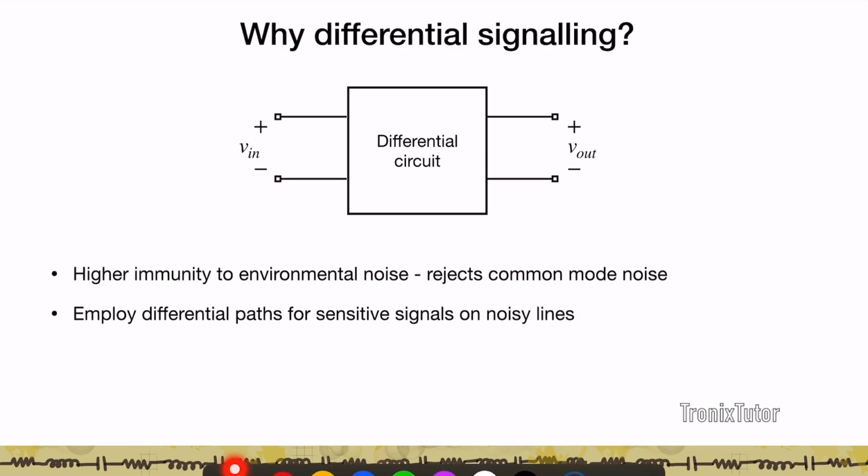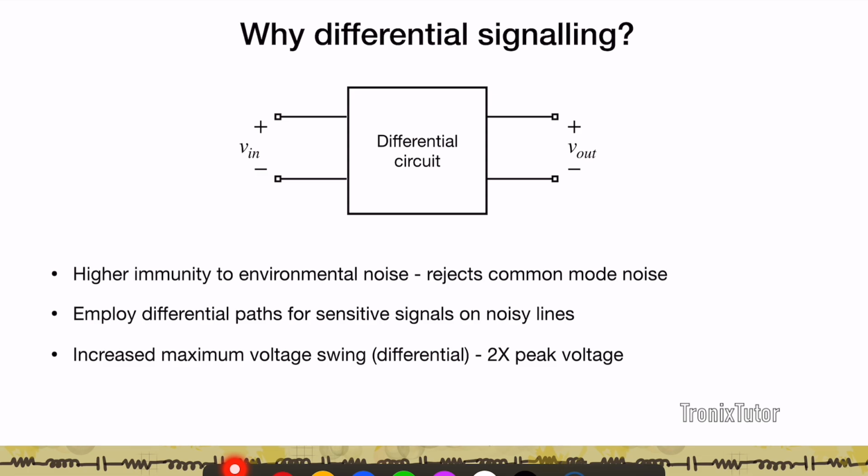Because of that, you can use differential paths for sensitive signals, especially on noisy lines. If you have a signal coming on a noisy line, having a signal coming between two lines which are close together will ensure for the most part that any noise that's coupled is going to be coupled simultaneously on both lines, and so the difference between the lines is essentially going to be a signal which follows the information, if you will.